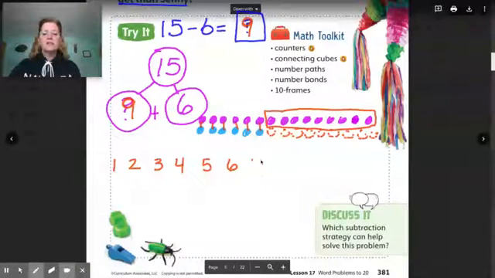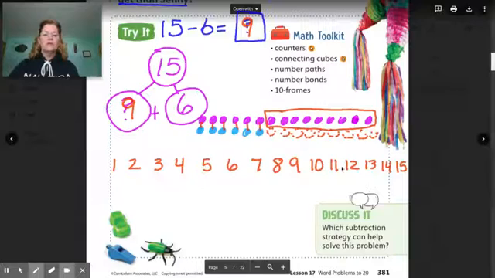So 6, 7, 8, 9, 10. I'm going to run out of room. 11, 12, 13, 14, and 15. Okay. So 15 minus 6 equals something. This is before we knew what the answer was. So 15 minus 6 equals something. So here's 15.